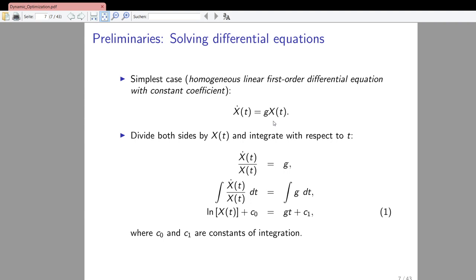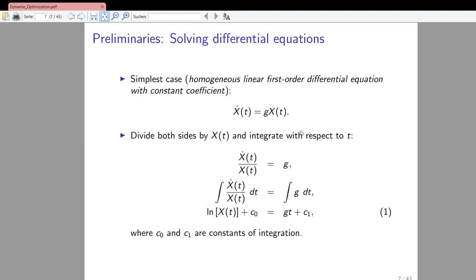And that's basically what we had on the previous slide when we had the growth rate of the variable as given by gamma x, and gamma x is just substituted by g here. So that was the expression of a homogeneous linear first order differential equation with constant coefficient.